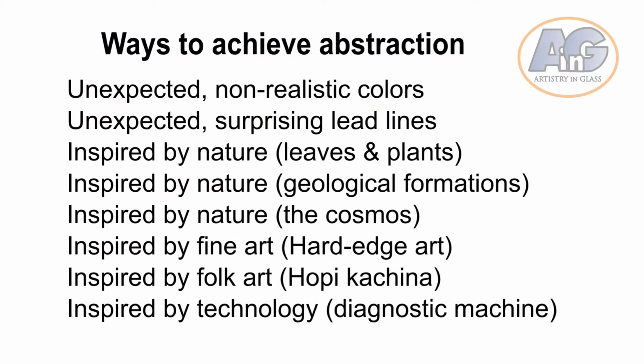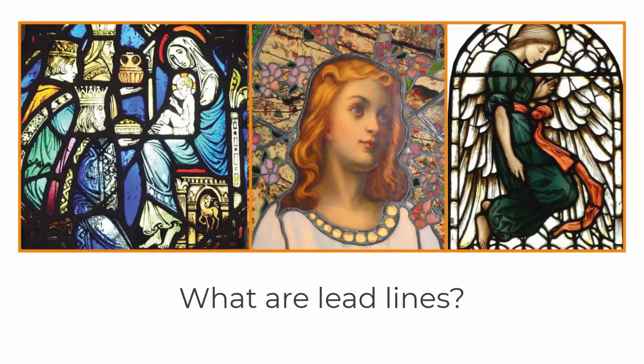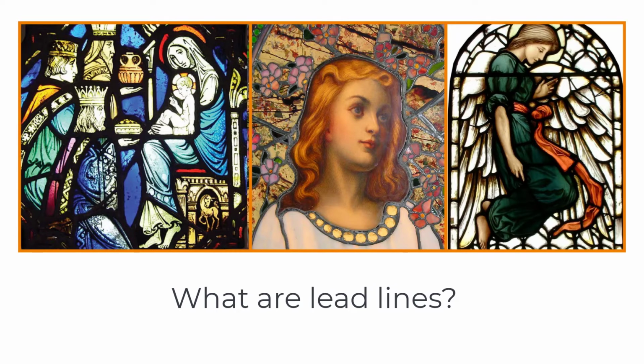Now let's take a look at how adjusting lead lines can create abstraction and extra interest. The lead line is the term used by glass artists to refer to the pattern of lines made by metal, could be lead, zinc or even brass, cane or solder that serves to hold the glass pieces together.